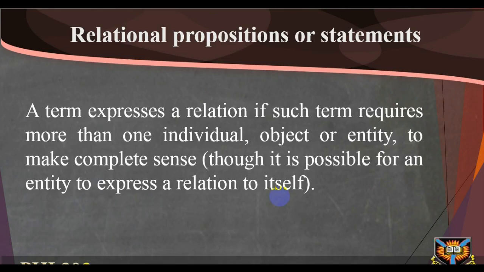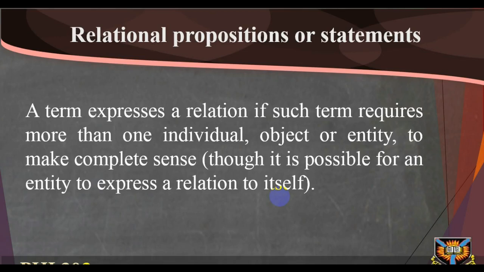Propositions like Cameroon is between Nigeria and Ghana, and the landlord traded his house rent to the tenants for second-hand clothes express a three-place and four-place relation respectively.